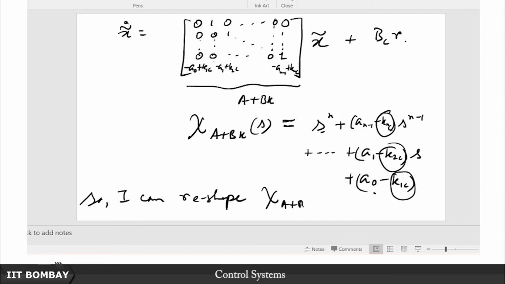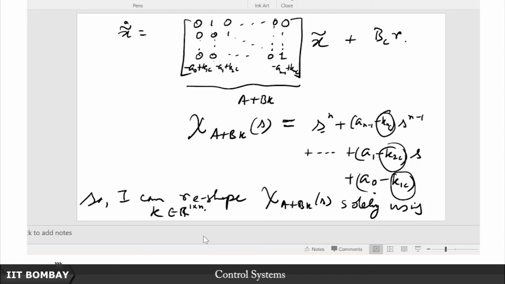chi of (A plus BK) solely using k, which is a row vector. There are only n terms and I need only n terms to perturb each of those coefficients and take them wherever I like.